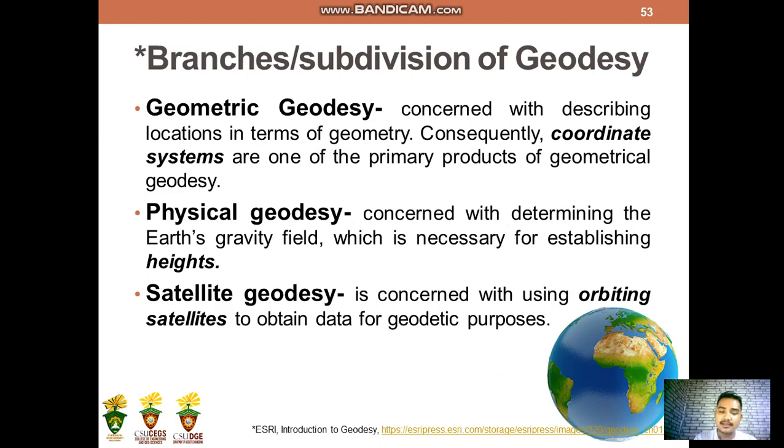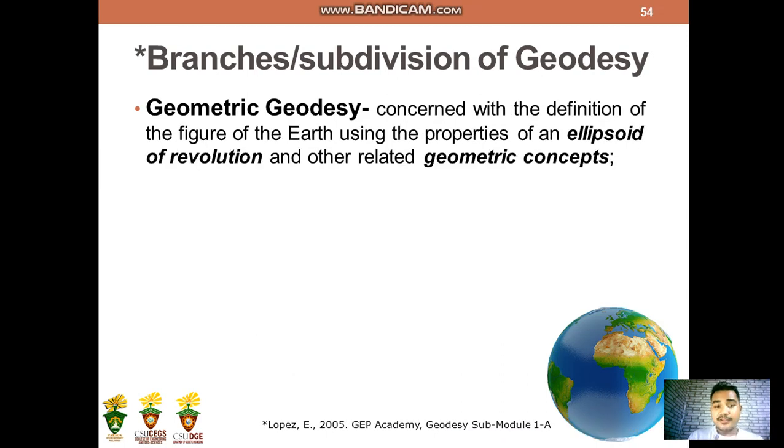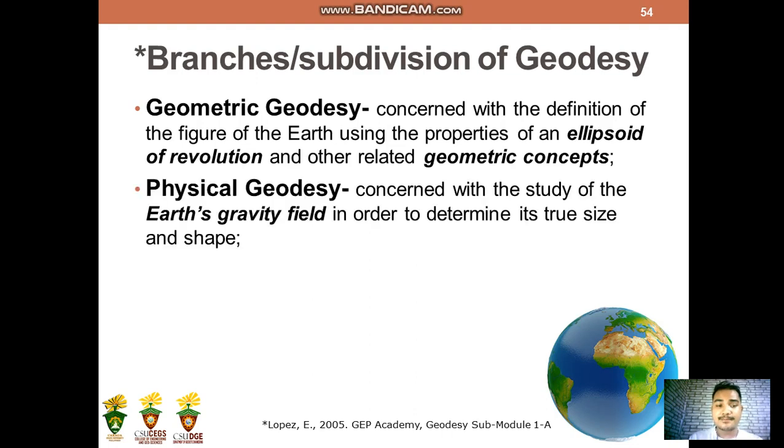Another definition of the branches of geodesy is from Sir Lopez of GAP Academy. According to him, geometric geodesy is concerned with defining the Earth using the properties of an ellipsoid of revolution and other related geometric concepts.